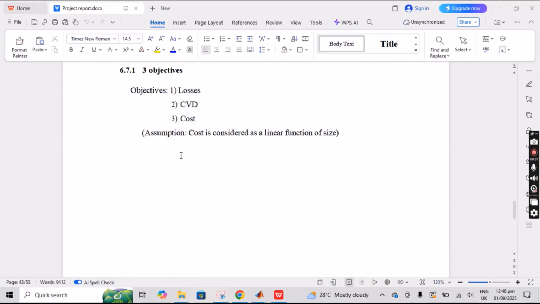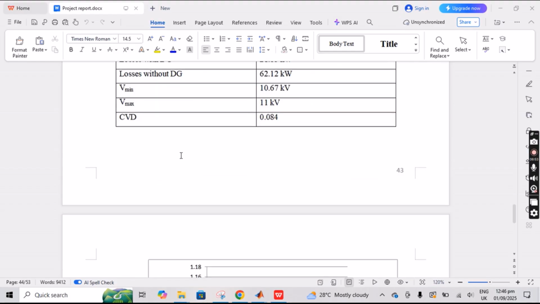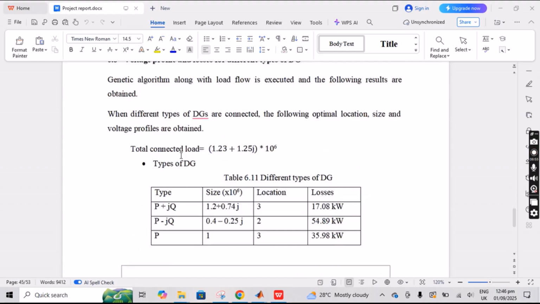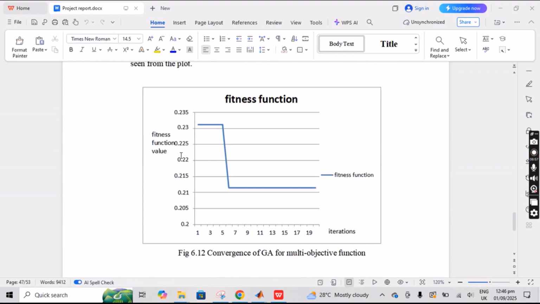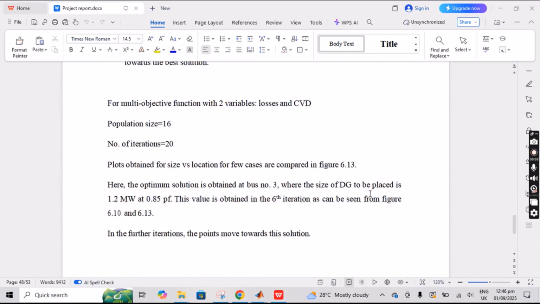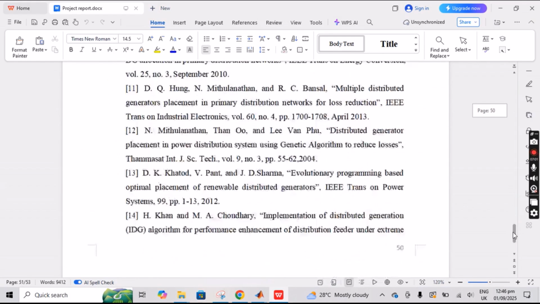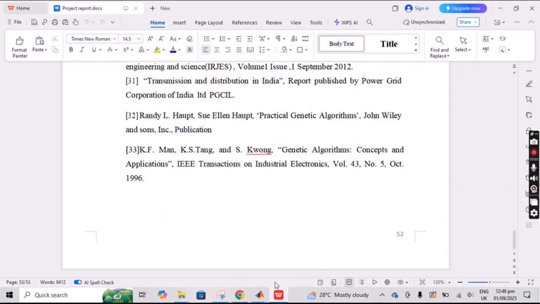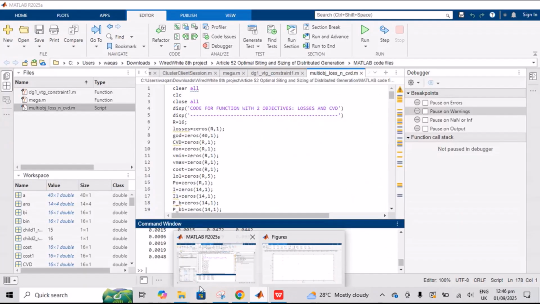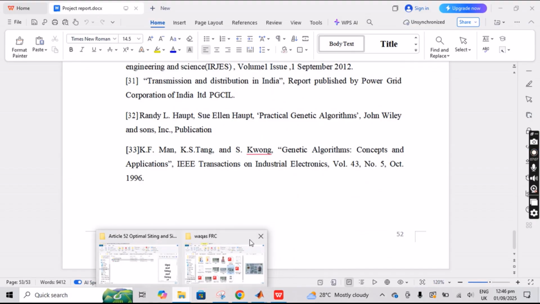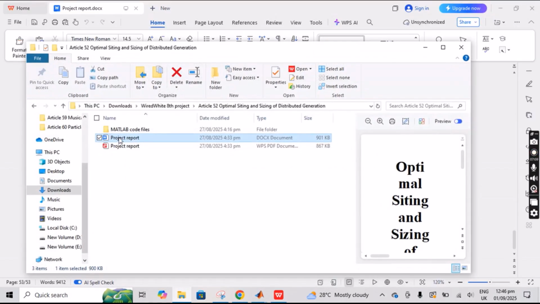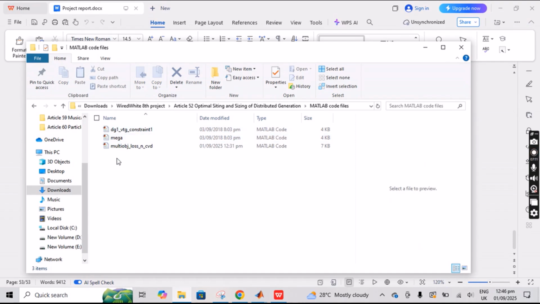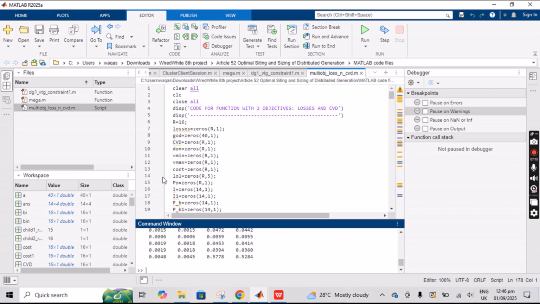I have also developed the complete MATLAB code based on this complete structure, and it also displays the different distribution networks. Let me just show you. Basically this is the MATLAB code developed for the complete multi-objective power loss system. You just need to open this structure.